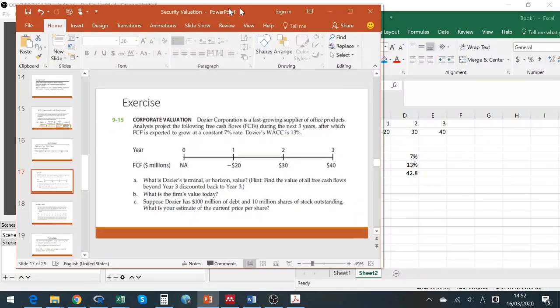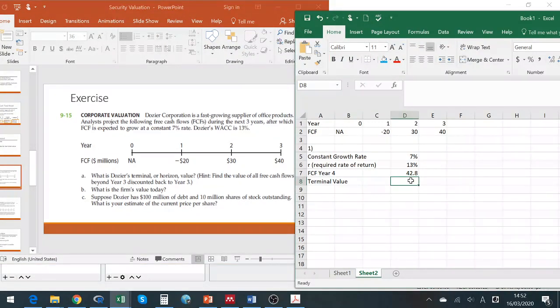Okay, come back here. The terminal value is equal to the cash flow next year divided by (R minus g), where R is 13%. Then the present value of the terminal value.